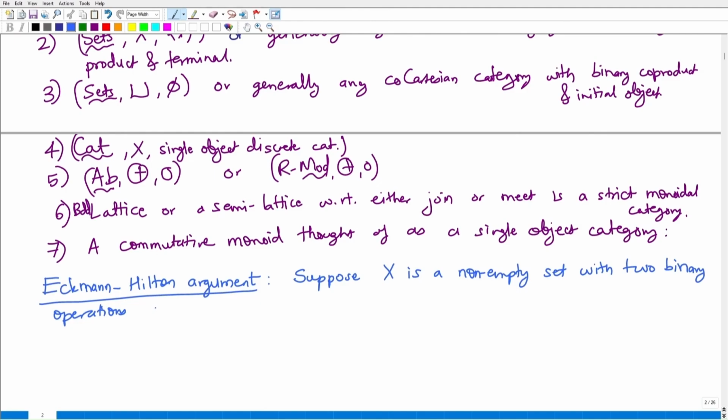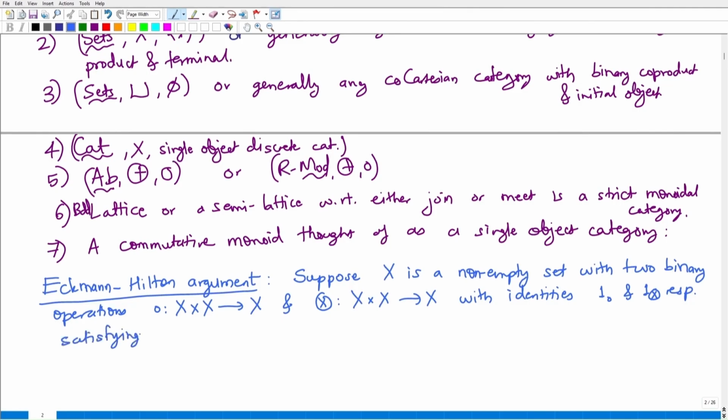I am going to call one of them circle and another one tensor, with identities 1 circle and 1 tensor respectively, satisfying this transfer law.